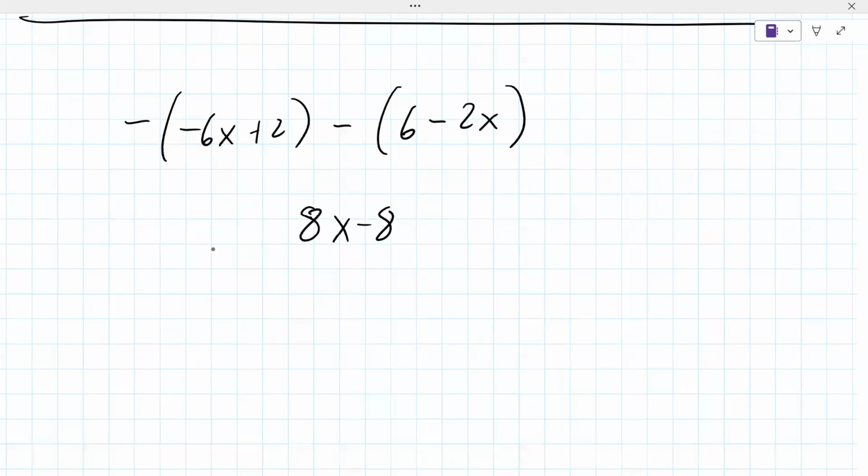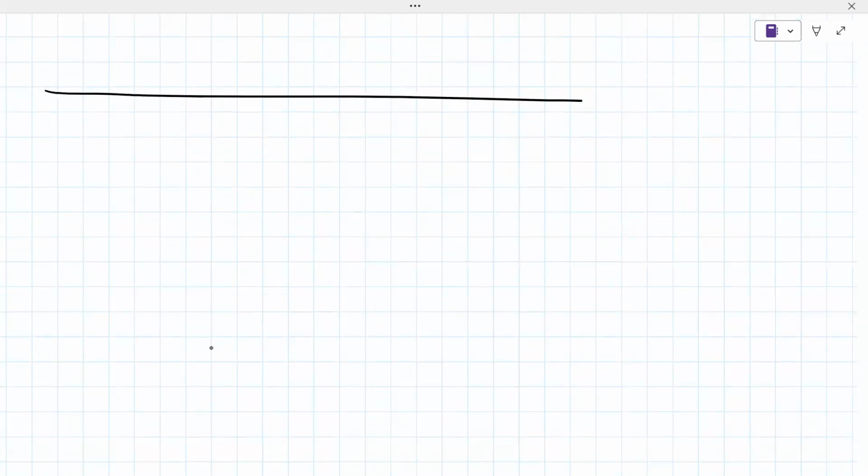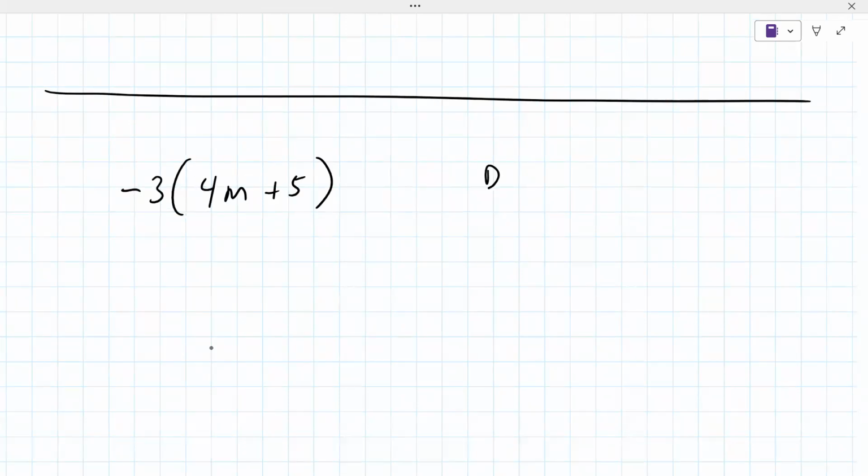That is correct. Good job. So we didn't do many of these, but we'll just put a couple here, m plus 5. So this is just asking you to distribute. That number goes to both. Minus 12m minus 15. Yeah.